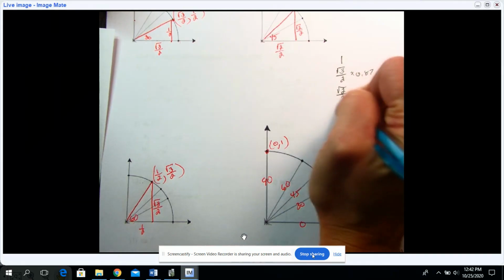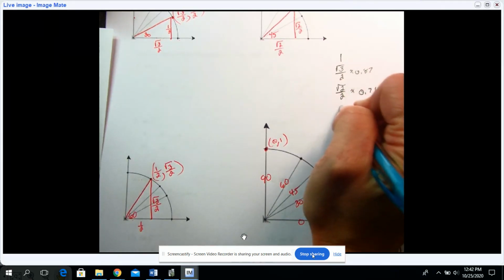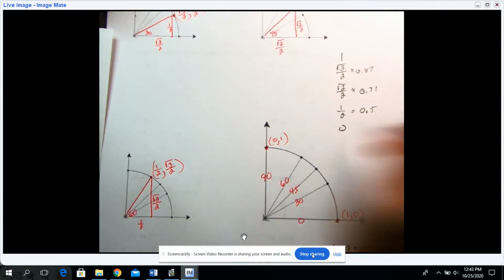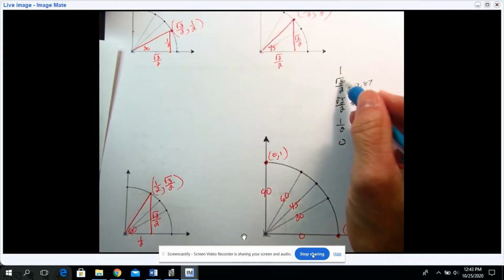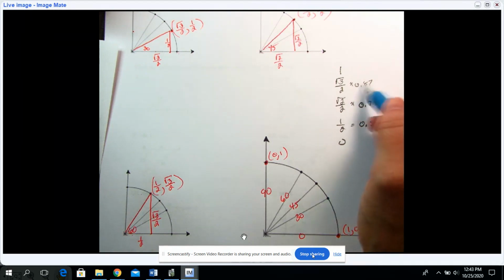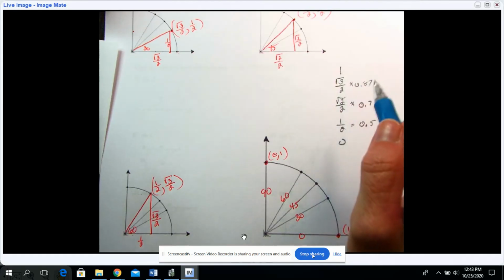Square root of 2 over 2 is approximately 0.71. And 1/2 obviously is 0.5, and then you would have 0. So they're going to go in order: 0, 1/2, square root of 2 over 2, square root of 3 over 2, and 1. So 0, 0.5, 0.7, 0.87 or 0.9, and then 1. They go in order.